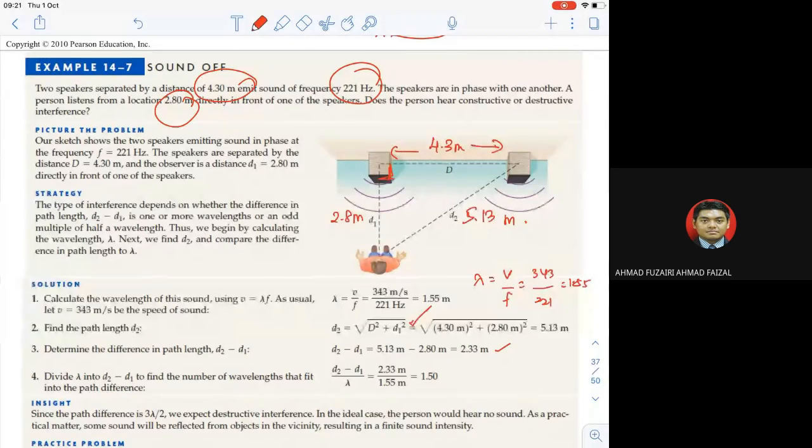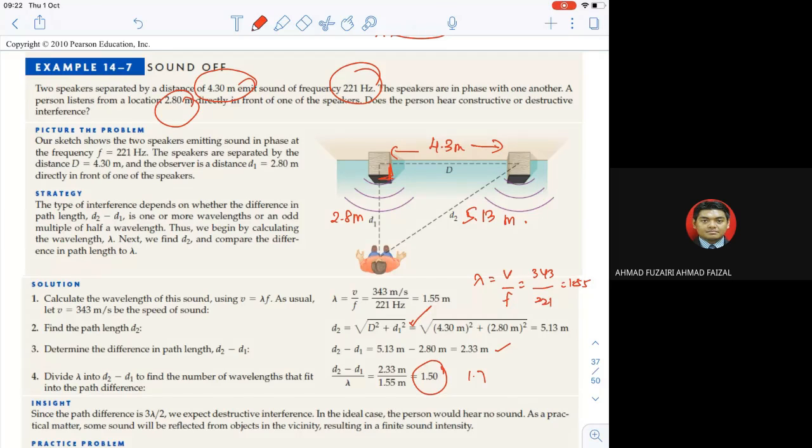So when we divide D2 minus D1 over lambda, the answer should be 1.5. Okay, so 1.5 is considered to be destructive interference.